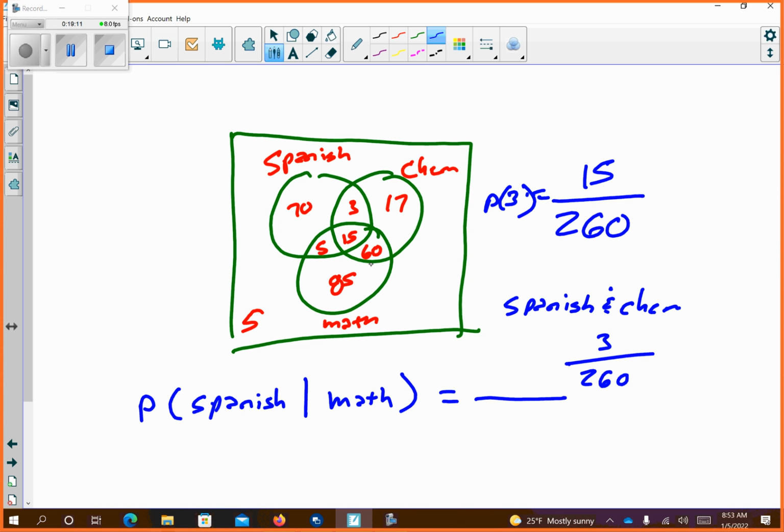I have 85 and 60. Let's see, 85, that's 90, 150, 150. There's 165 people that are taking math. And how I got that number is I look at the circle that has math, I add all those numbers together, and I get the 165.